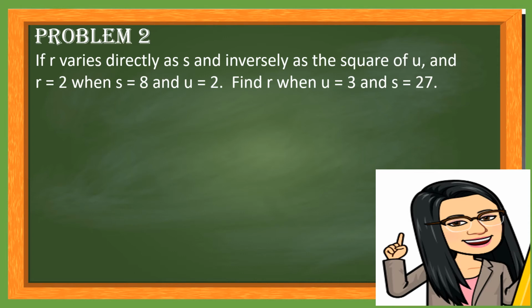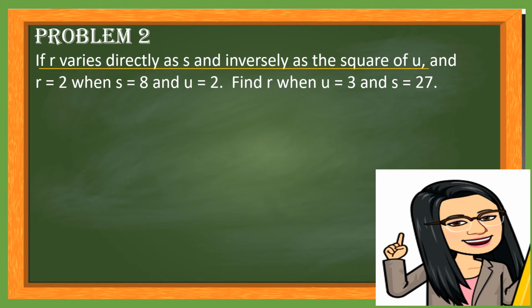If R varies directly as S and inversely as the square of U, and R is equal to 2 when S is equal to 8 and U is equal to 2, find R when U equals 3 and S equals 27.